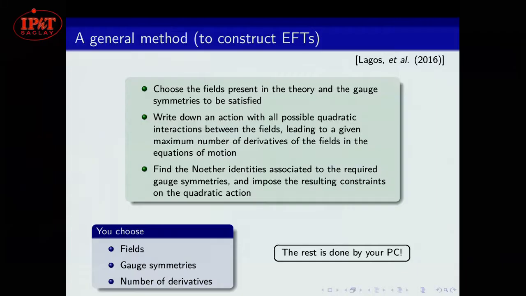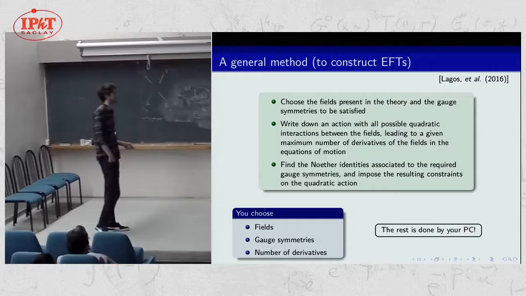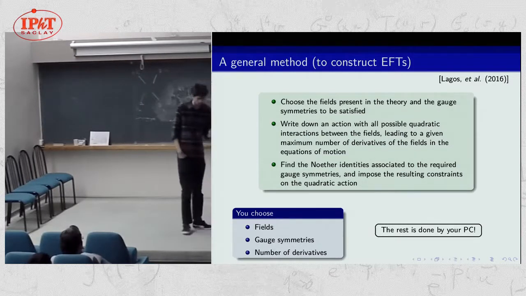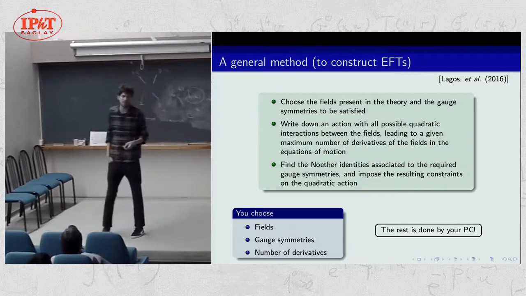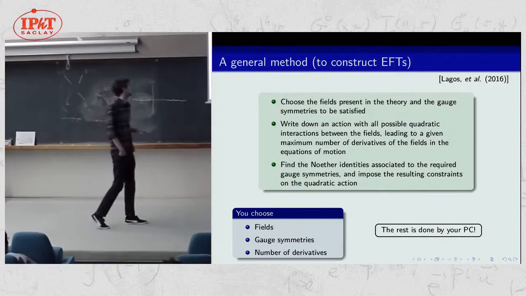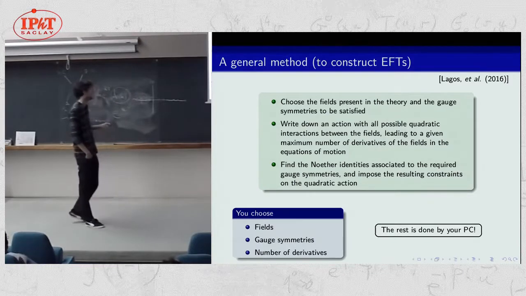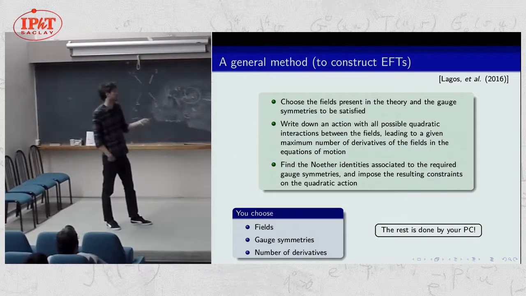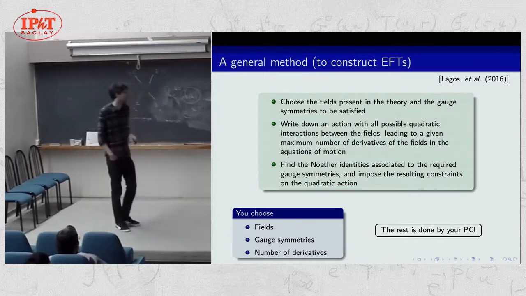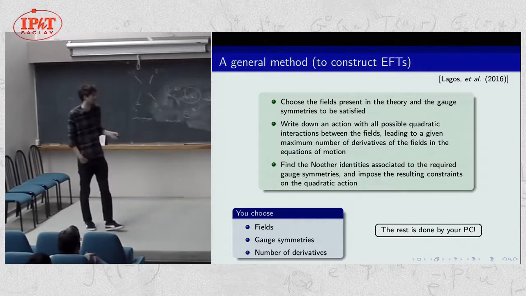So summarizing, basically you have to choose just fields, gauge symmetries, and number of derivatives, and the rest is done by your computer. I mention the computer because, as you'll see, it's quite expensive to do by hand. It's not impossible, but I like it. I particularly like it because it's very simple, and with a bit of Mathematica or so, you can write down something really generic without much effort.